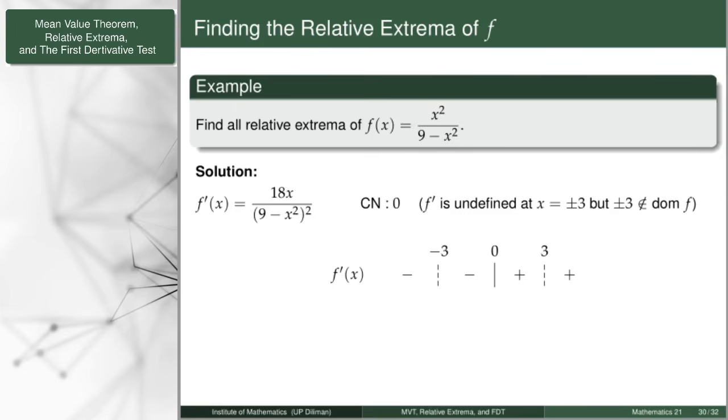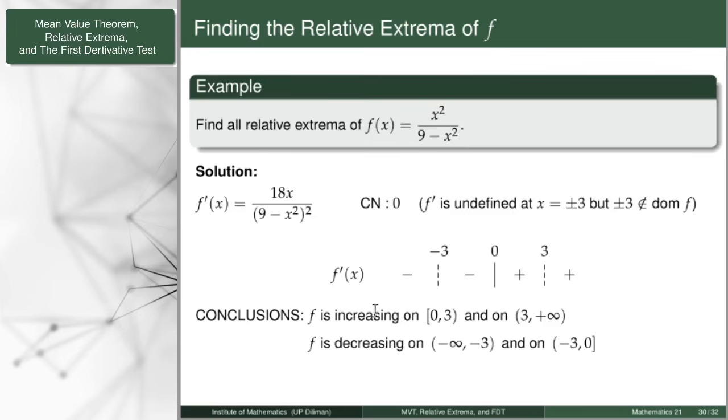And then, concluding, you will be increasing on 0 to 3 and on 3 to positive infinity. Notice, I cannot place an inclusive bracket for 3 here because at 3 you will be undefined. Same thing for the decreasing. I need to cut it at negative infinity to negative 3 and negative 3 to 0 because I cannot include negative 3, even though you are decreasing for the whole open interval.